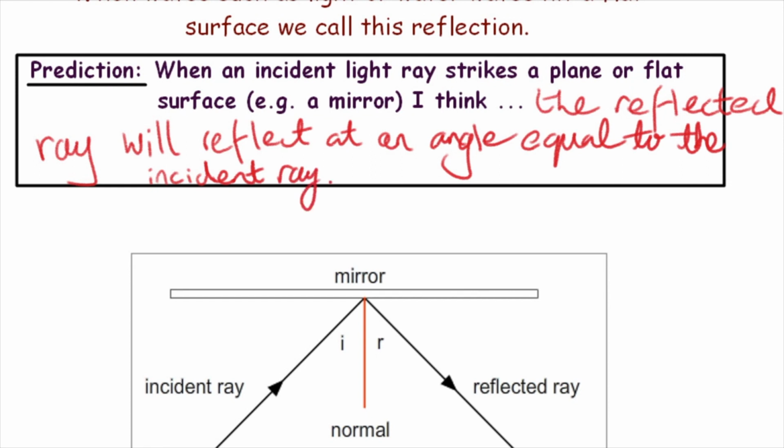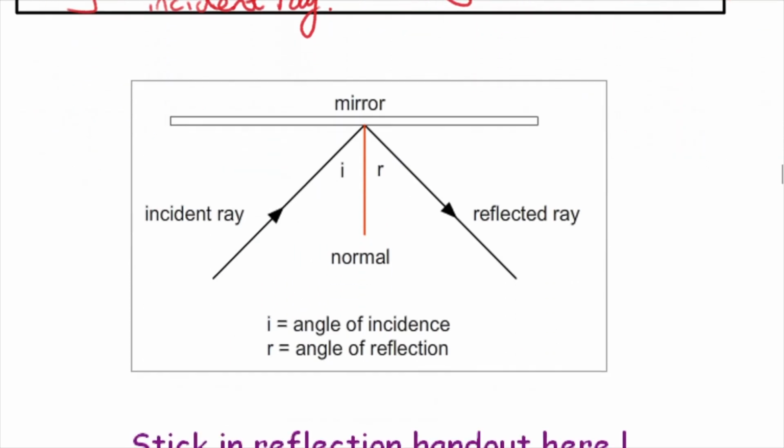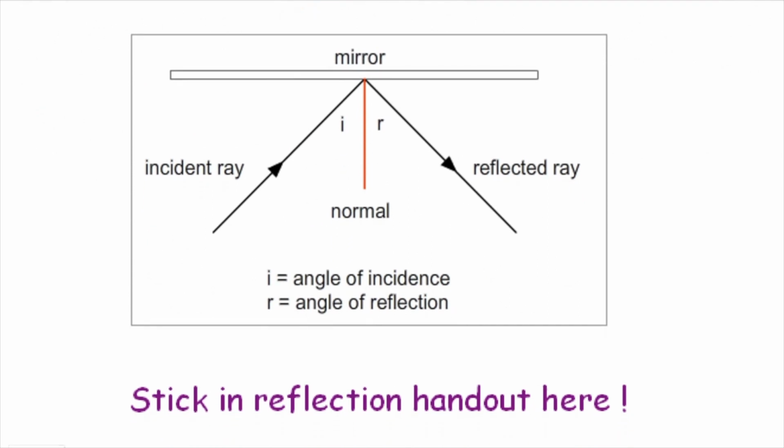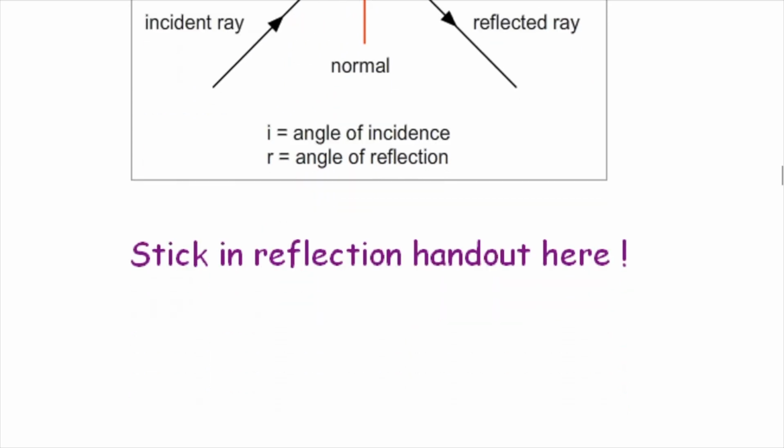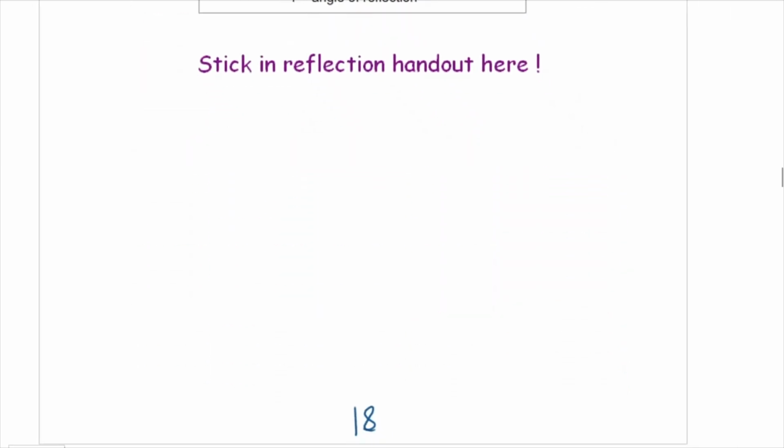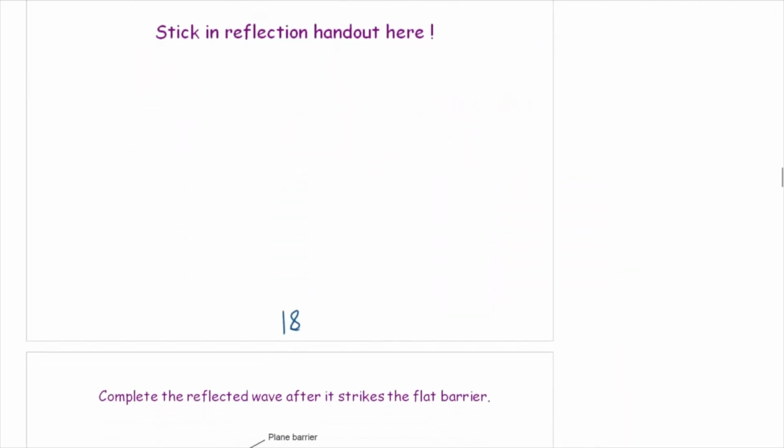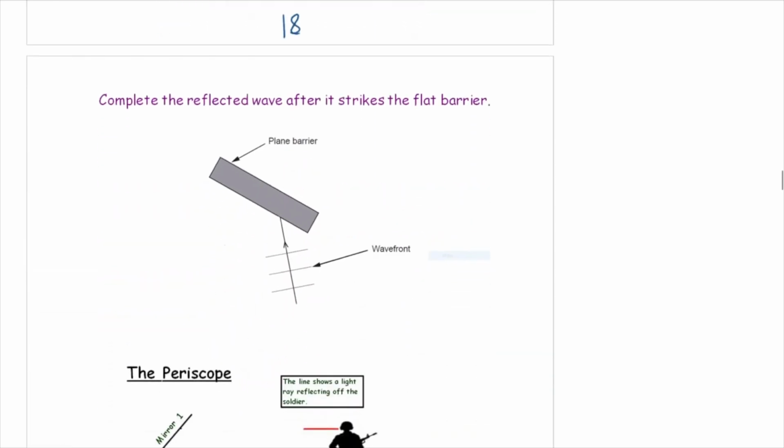Okay, the reflected ray will reflect at an angle equal to the incident ray. And you can see that there. When you're in class, you'll be given a reflection handout to reinforce that.